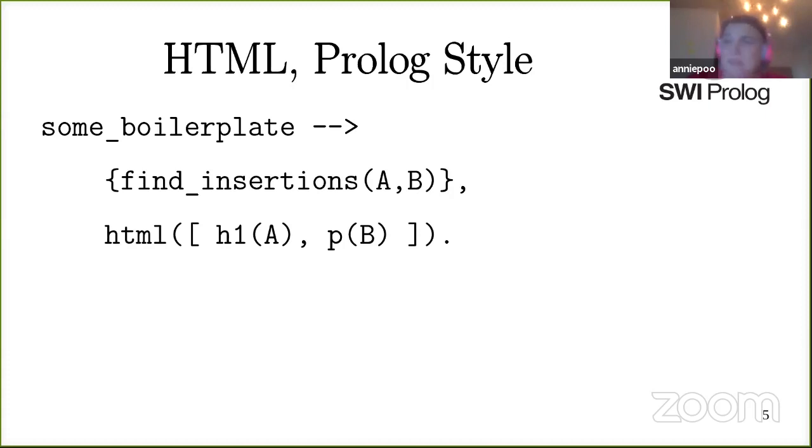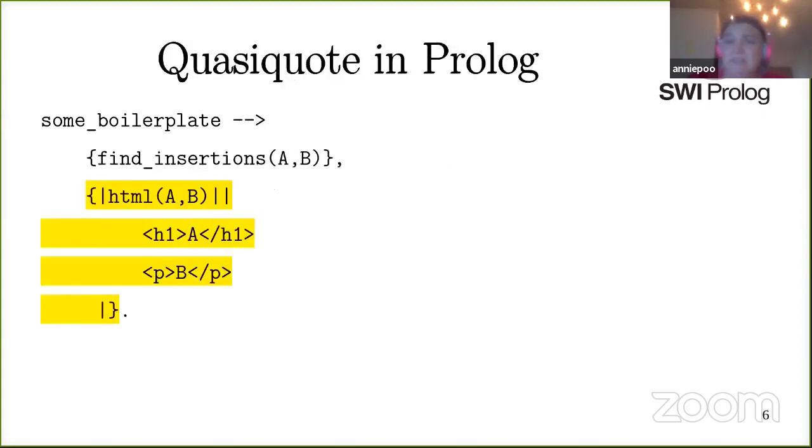So we can extend Prolog using a Haskell-style quasi-quoter. Quasi-quoters have been with us for a while. When the Prolog reader reads this code in, the highlighted area in yellow is going to be converted into the previous form.